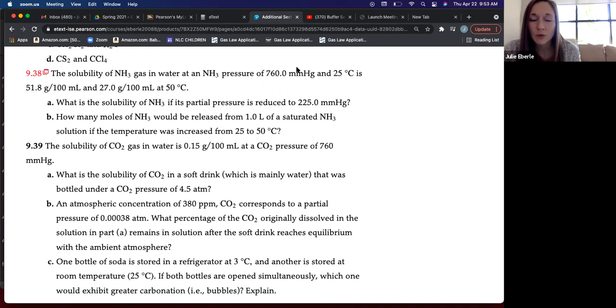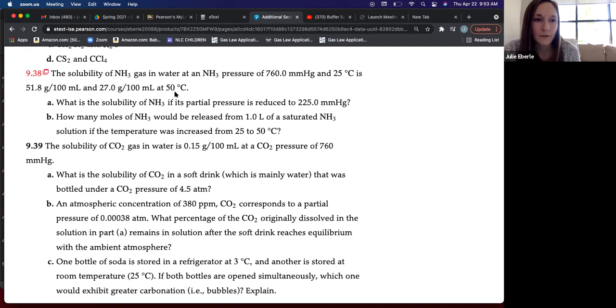We're given the initial pressure, P1, and the initial solubility, C1. They also give you the solubility at another temperature.